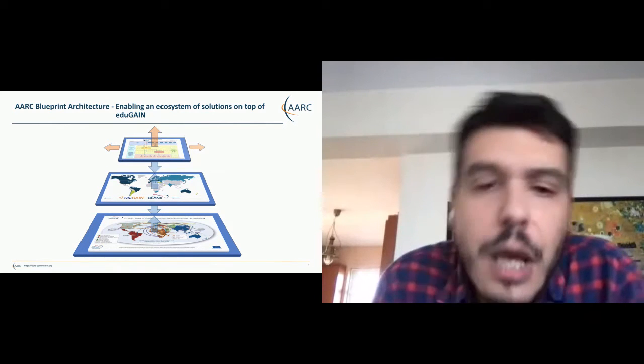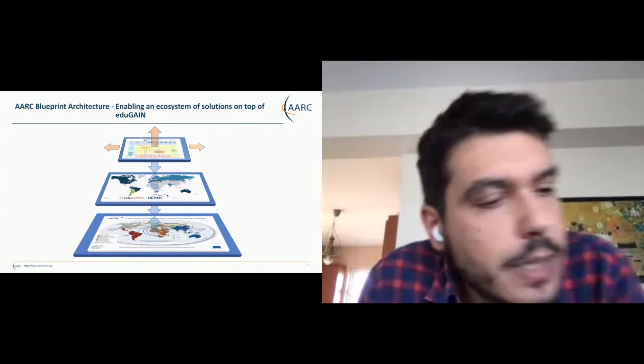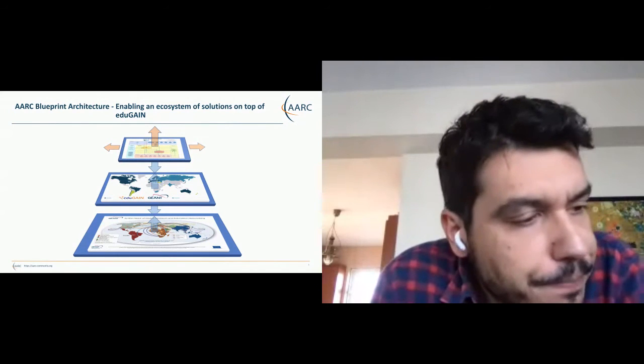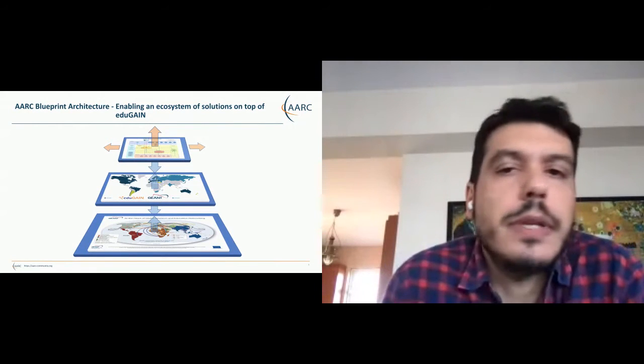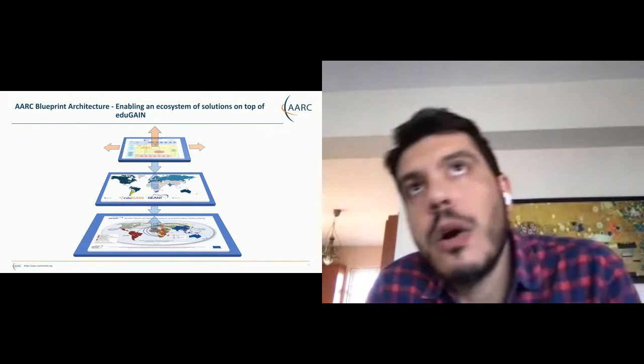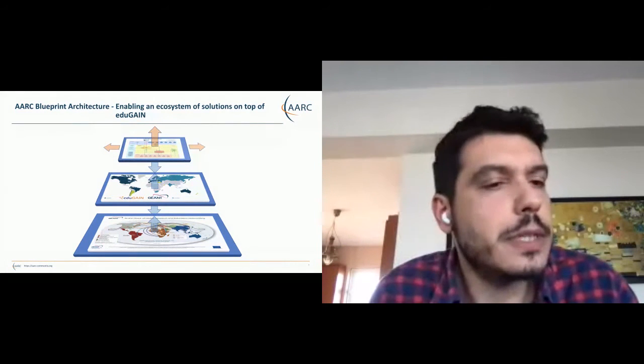So the ARC architecture builds on eduGAIN and adds the required functionality to support common use cases, for example, access to non-web-based resources or authorized access based on group and role membership information.